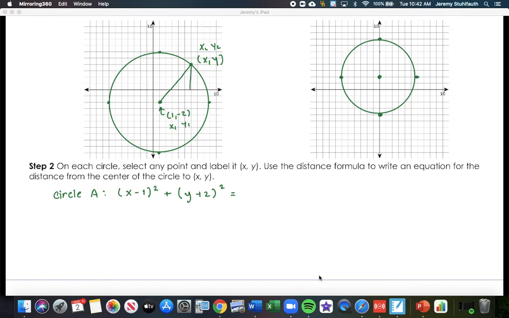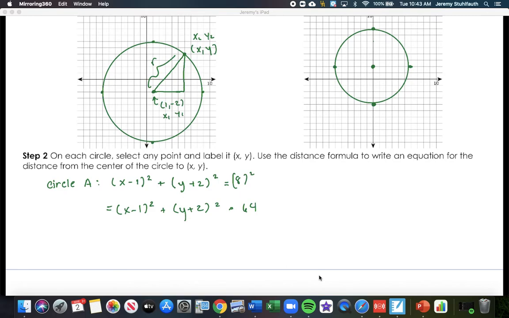All we're doing is figuring out that distance using the distance formula. This distance is our radius, and the radius in this case was 8, so we have 8 squared. We come up with the equation (x minus 1) squared plus (y plus 2) squared equals 64.